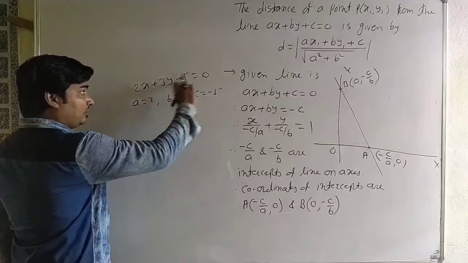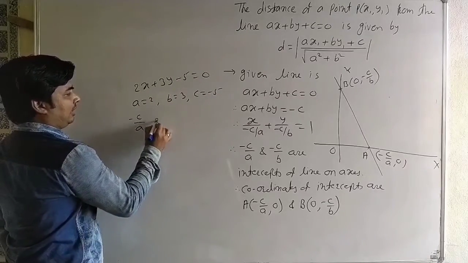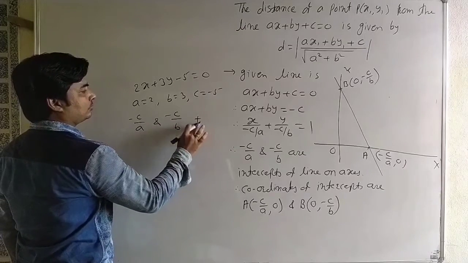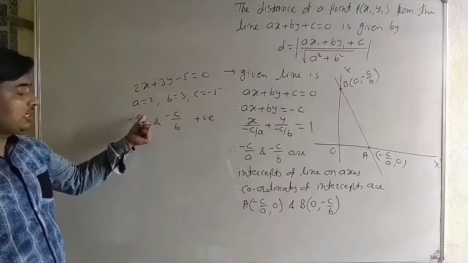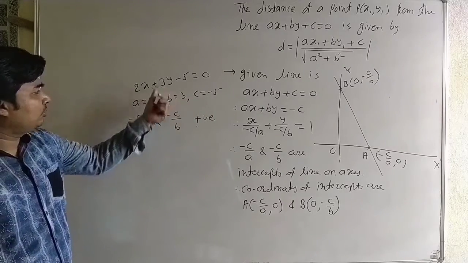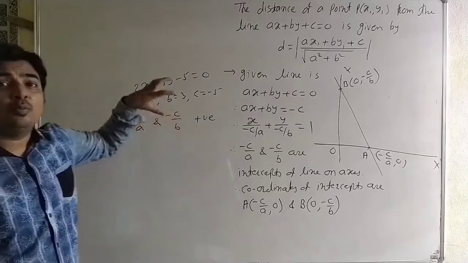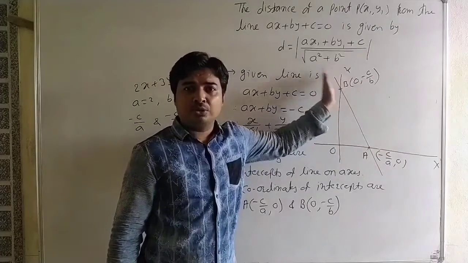For this line minus c by a and minus c by b are positive, because c is equal to minus 5, so minus c is plus 5, and both are positive. Therefore they lie on the positive x-axis and positive y-axis.